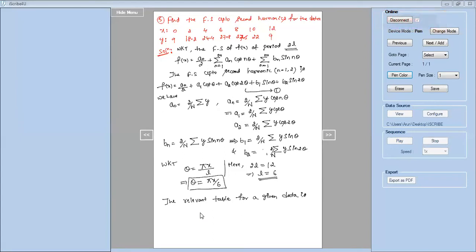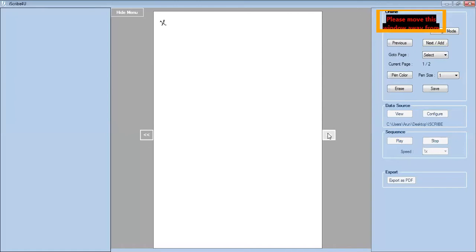So your table should consist of what? The given data first, that is x and y values. So you should have x values. Then I need y values. But the formulas are in terms of theta, cos and sin theta. So I need a theta column. So theta is here pi x by 6.